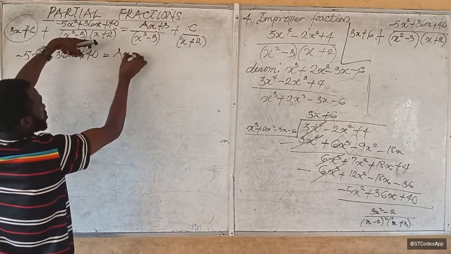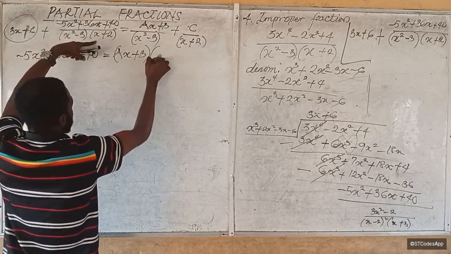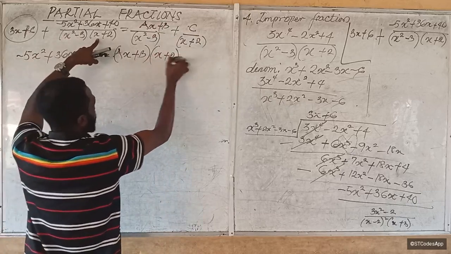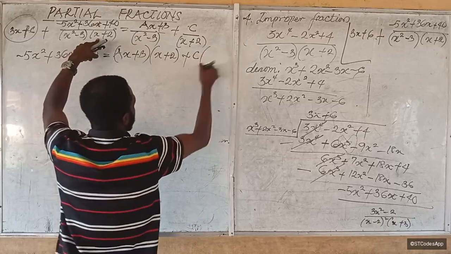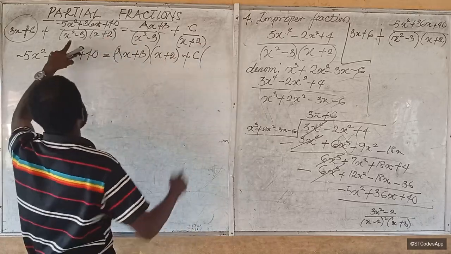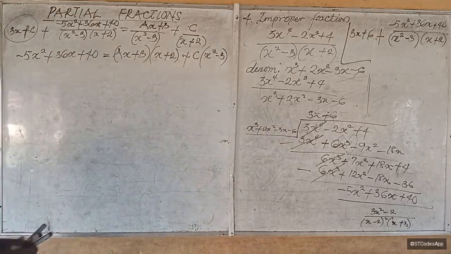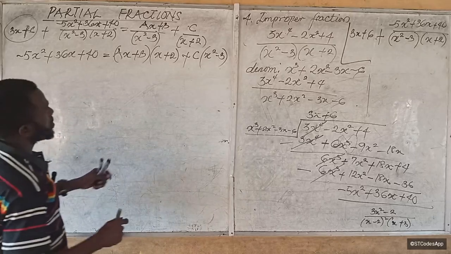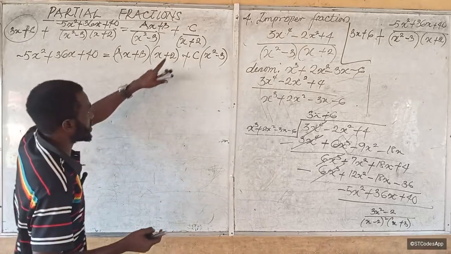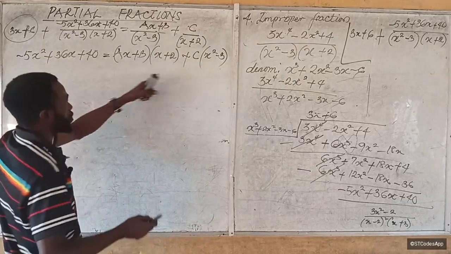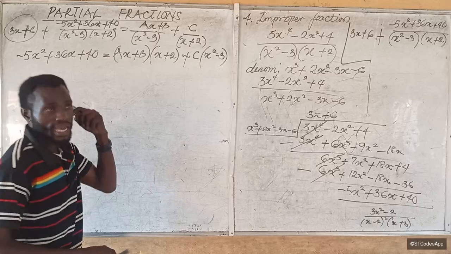So it will remain the top, which is numerator ax plus b times this guy, x plus 2, then plus c into bracket. When this guy takes care of this guy, it will remain x squared minus 3. Now, we can use cover-up technique by saying that let x equal to 2, and this one becomes 0, then we can solve. But I don't want to do that.